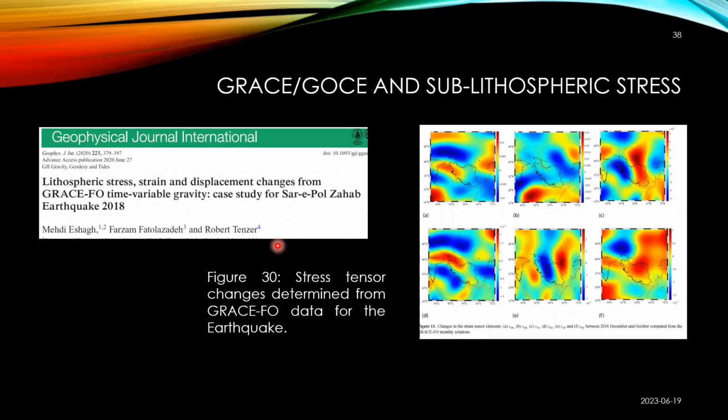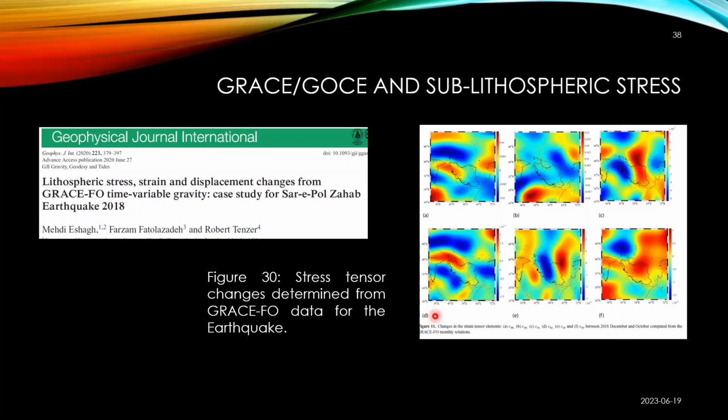We computed the stress propagated from the bottom of the lithosphere to the epicenter level, and then subtracted them from each other to see what is happening. You see that this vertical stress is exactly at the point, and this tensor has a negative value here, and also some shear.